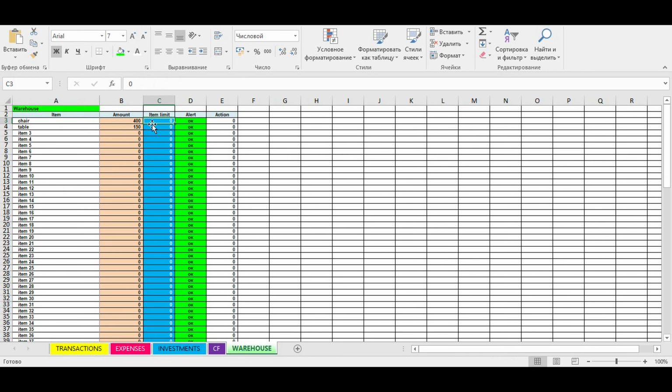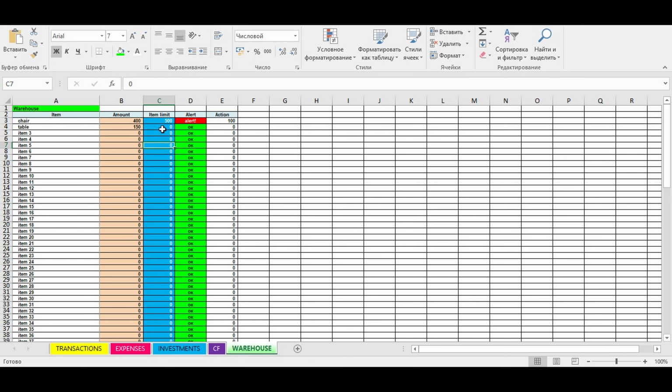For example, let's set up that we have to have a minimum of 500 chairs at our warehouse at any time, and we will get an alert that we have to buy additional 100 chairs.